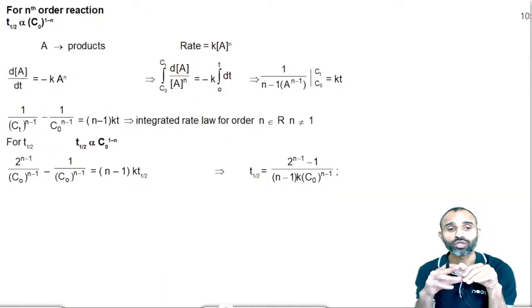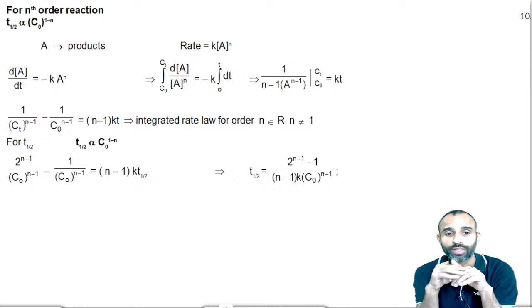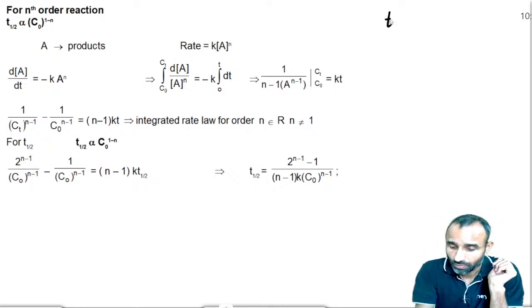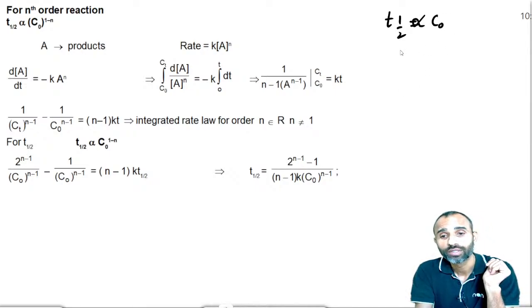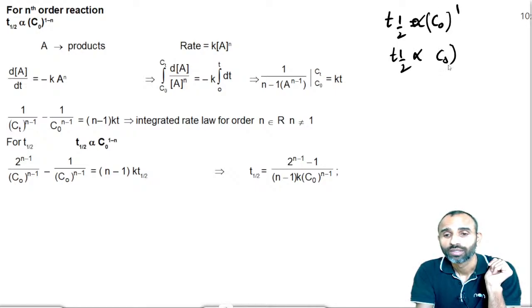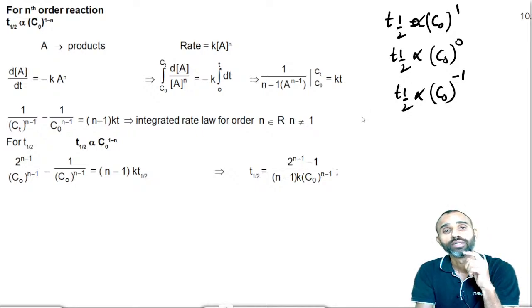For nth order reaction, see, for the first order and zero order reactions, half-life was directly proportional to C naught. For second order reaction, it is inversely proportional, and for third order reaction it is also inversely proportional.